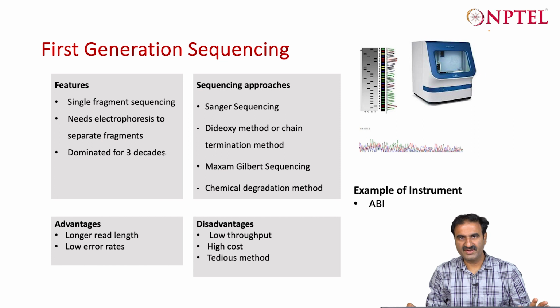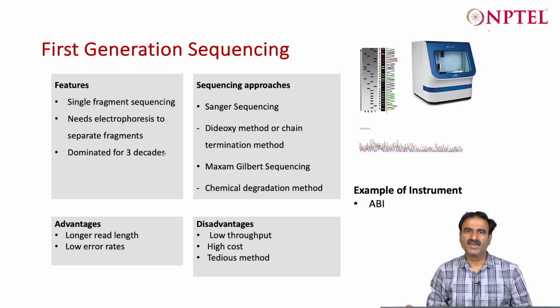The first generation sequencing technology was Sanger DNA sequencing, which was the chain termination method, where we used to have 4 tubes with 4 normal nucleotides and one nucleotide with a modified OH group terminator, so that the DNA polymerase cannot extend the DNA further.